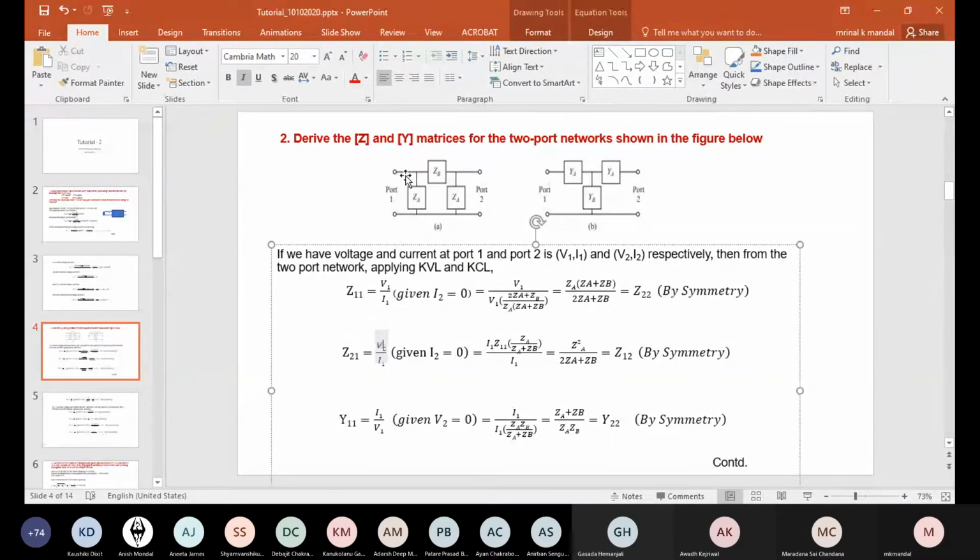So I1 is coming here, it is divided into two parts, and the drop across ZA, that is actually V2. So you then calculate it, and it is coming ZA square by twice ZA plus ZA. Now, since it's a symmetrical network, Z11 is equal to Z22. Similarly, Z12 is equal to Z21.